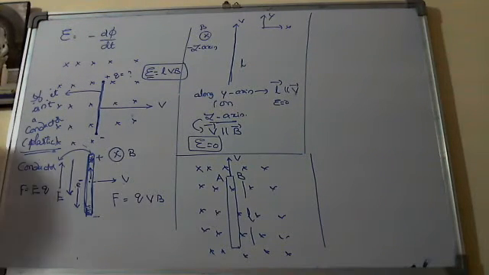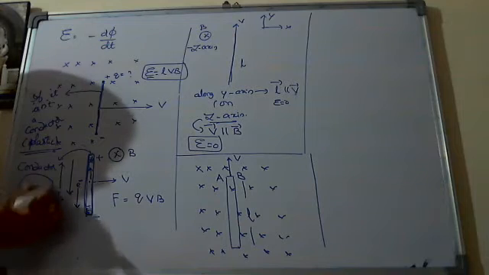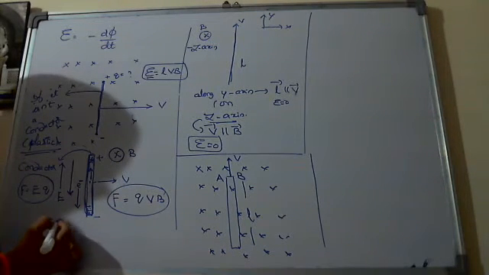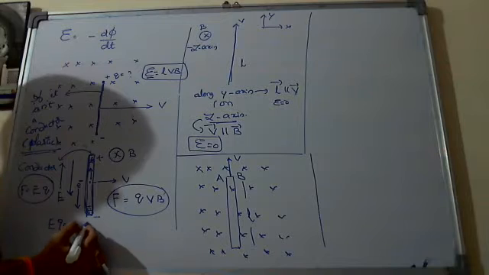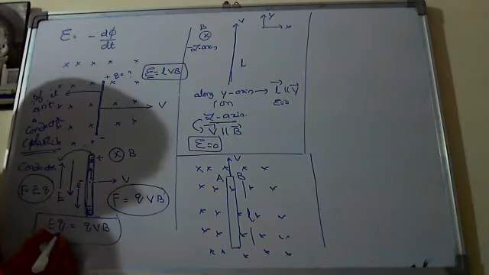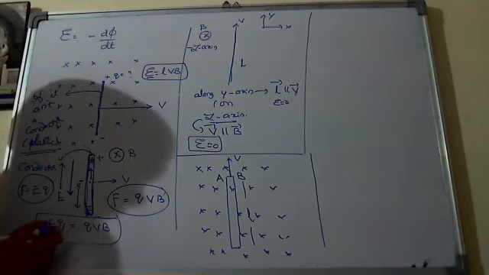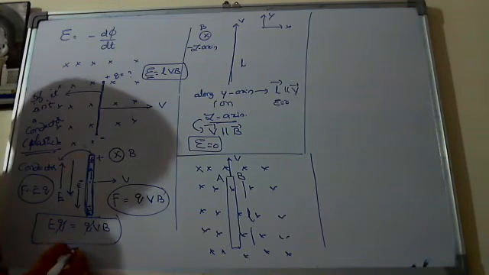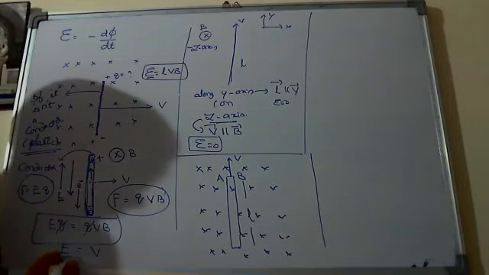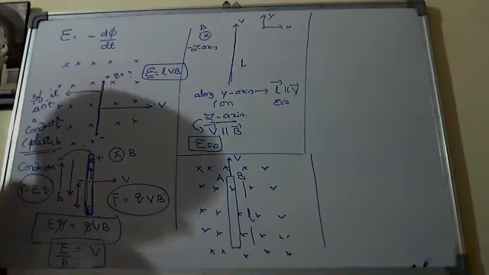That's why, in the theory, EQ is equal to QVB. By cancelling Q, the electric field formed is E equals VB, that is, the velocity of the conductor is E by B.